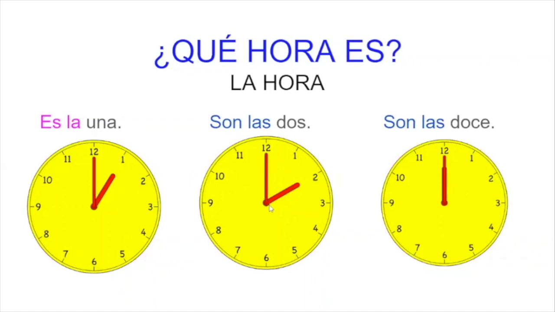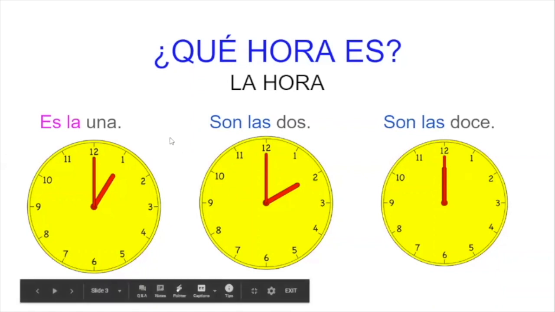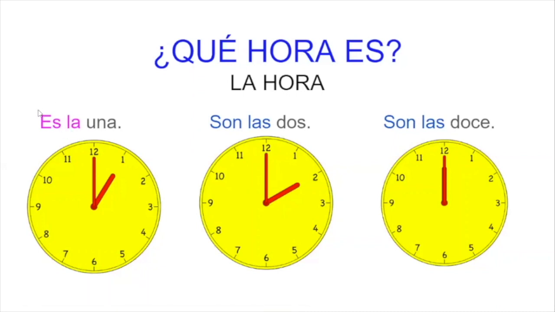Pero ahora son las 2. 2 es un número plural y por eso son las. Aquí hay otro ejemplo. Son las 12. 12 es plural y por eso son las. Son las 12. It's 12 o'clock. So, por eso, es la.